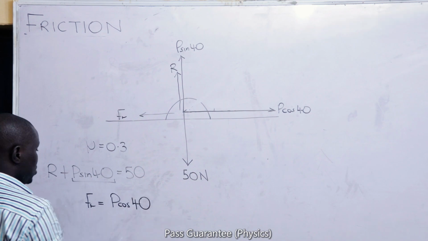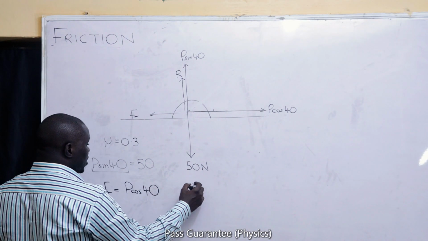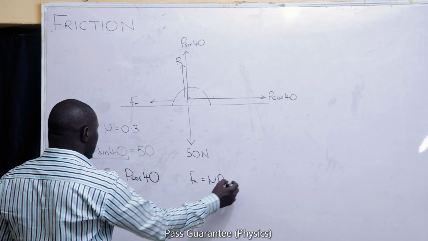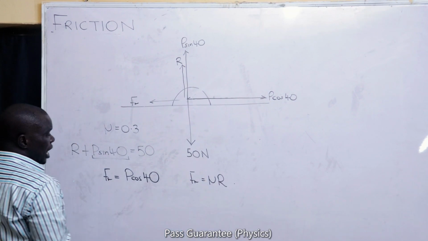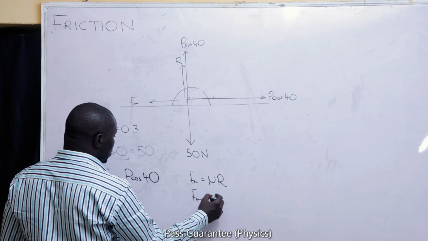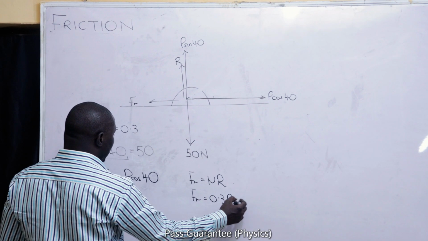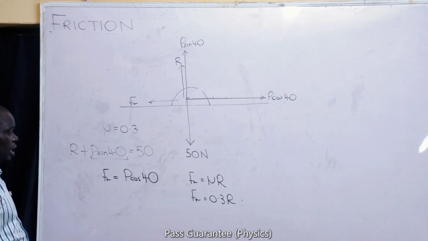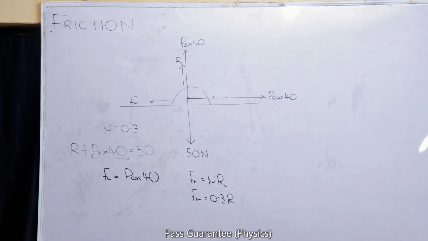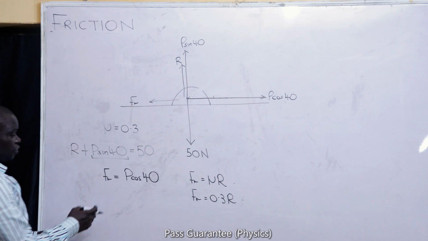If that is the case, please don't forget also that our friction is equal to mu R. If our friction is equal to mu R, we can outrightly say that friction is equal to mu, 0.3, multiplied by R. Friction is 0.3 R. We have been asked in this question to find the value of P. So I can substitute for friction.